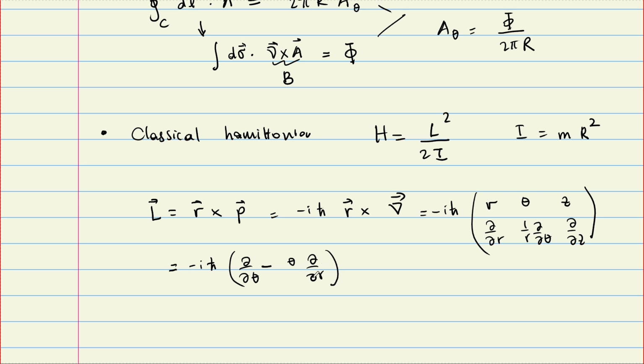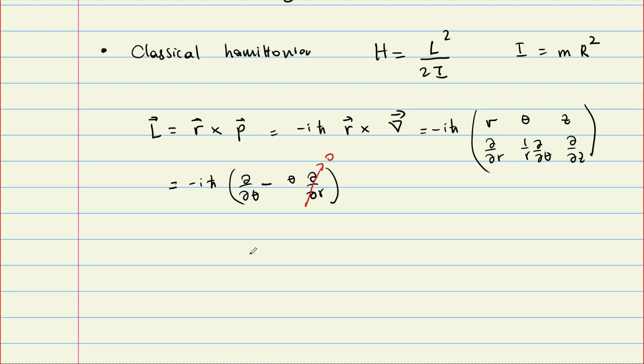But the particle is constrained to move on a ring, and there is no change with r, so this is going to be 0. At the end we have minus I h bar del over del theta. And of course this is the angular momentum we know in cylindrical coordinates, right? That's just the angular Laplacian.